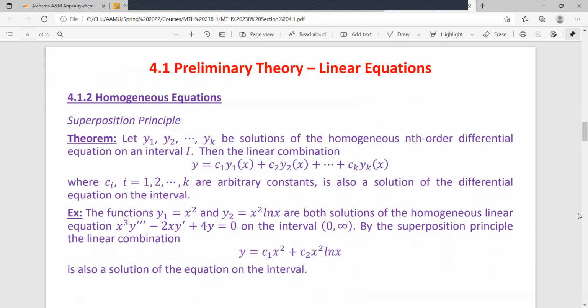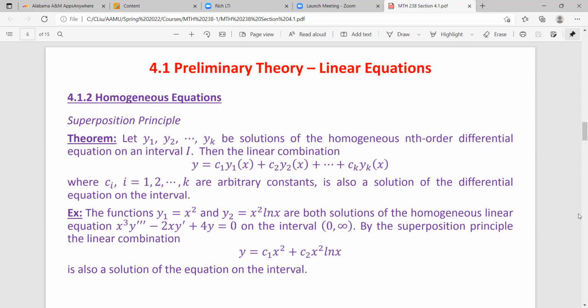So what does the superposition principle say about homogeneous equations? It says if you have a bunch of solutions for a homogeneous nth order differential equation on an interval I, then you can make a linear combination of those solutions, and that will still be a solution for the differential equation.